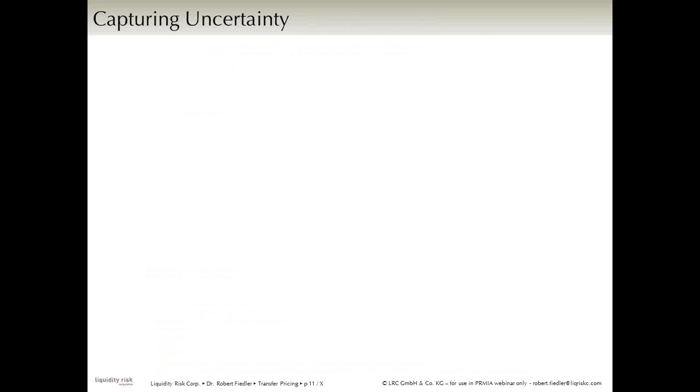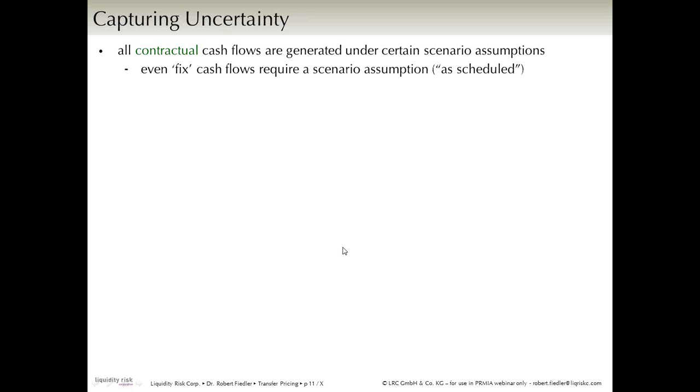Good. The point is, as we are looking at things which are happening or will happen in the future, we have uncertainty. That means if we generate cash flows, contractual cash flows, then they need to be generated under certain scenario assumptions. Even if I have fixed cash flows, they require a scenario assumption, and it may simply be the assumption that all cash flows are paid as scheduled.